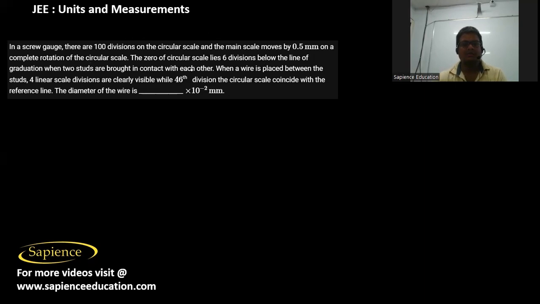The zero of the circular scale lies 6 divisions below the line of graduation when the two studs are brought in contact with each other. When a wire is placed between the studs, 4 linear scale divisions are clearly visible, while the 46th division on the circular scale coincides with the reference line. The diameter of the wire is?